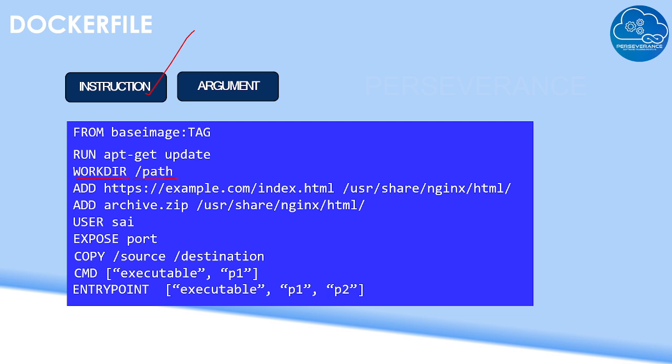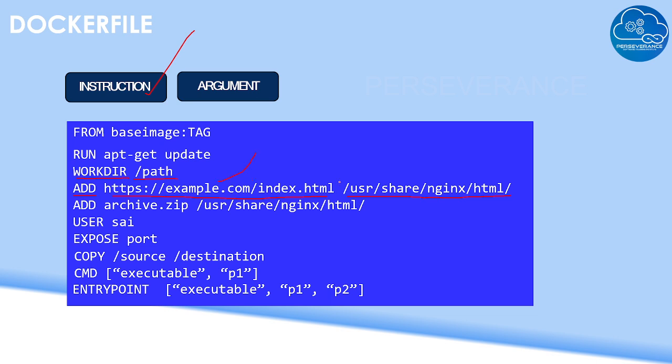Now we have ADD. ADD helps us to connect to the web, download some files, and place that file in a required directory. Here, if you see, it is connecting to the web, HTTPS, hypertext transfer protocol, connecting to the example.com website.